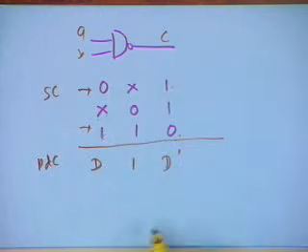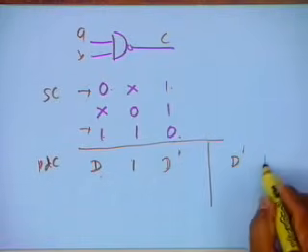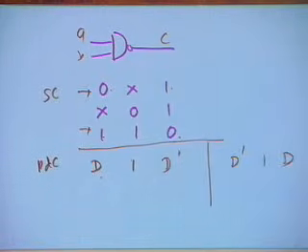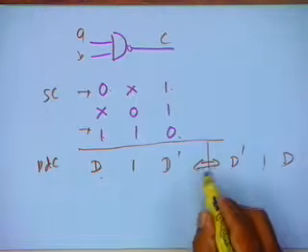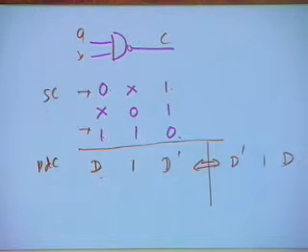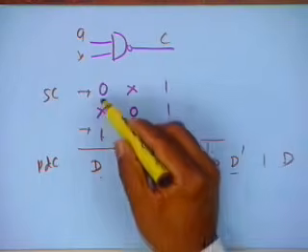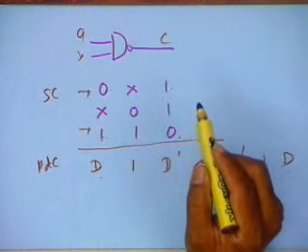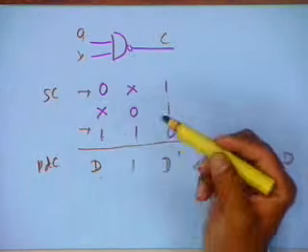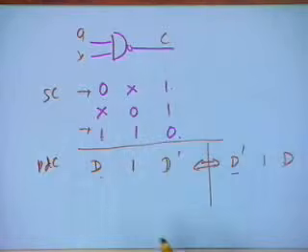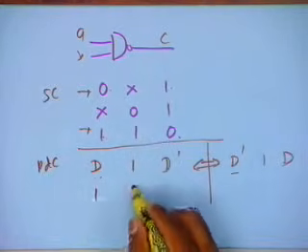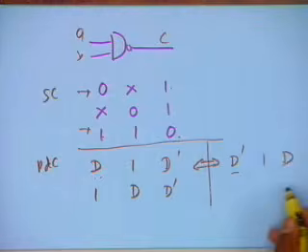I have to write consistently. I can write this as D complement 1 D, there is no problem. These two are equivalent for me. But I have to write here D complement and D. I have to write it reversed because it is 0 1 and it is 1 0. But it does not matter whether I call 0 1 D or 1 0 D, that is no problem. Similarly, here it will be 1 D D complement, and similarly I can write D complement 1 D D complement.